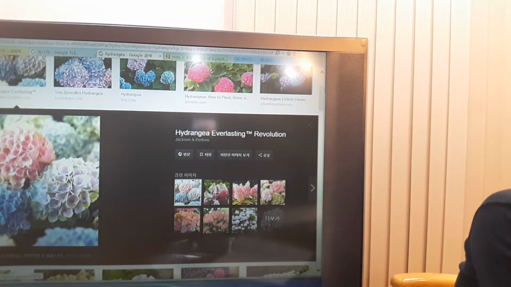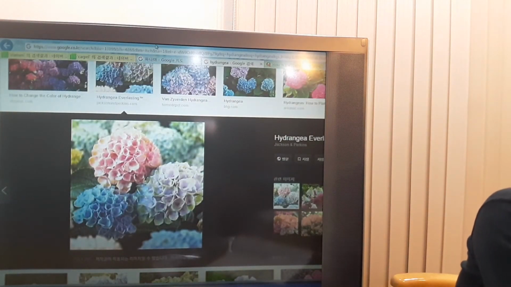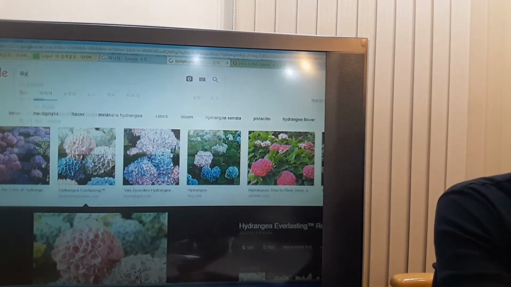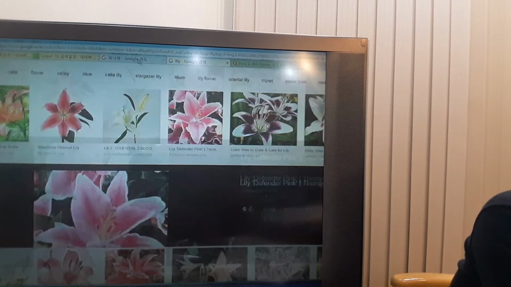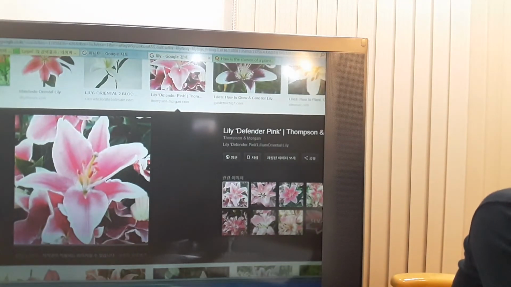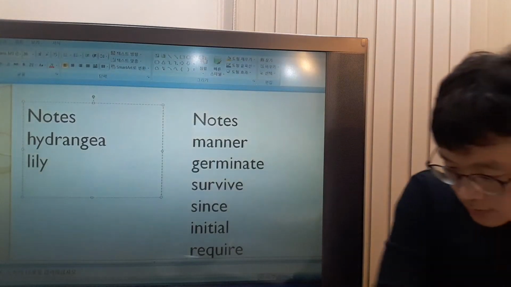Okay, hydrangea. You see that? Hydrangea. Okay, and let's see a lily. See? These kind of flowers are lily. And you know what a sunflower is.